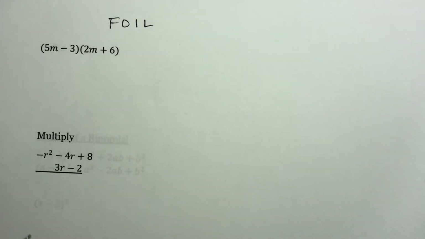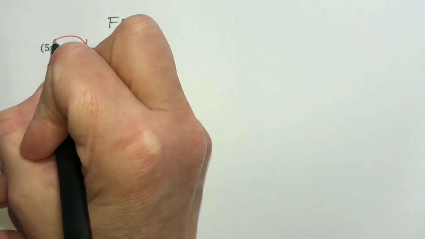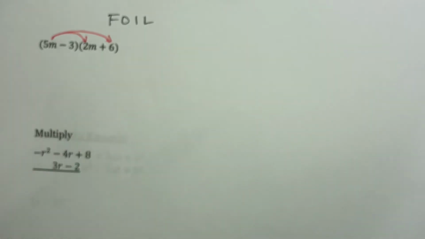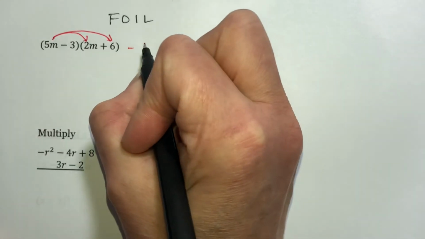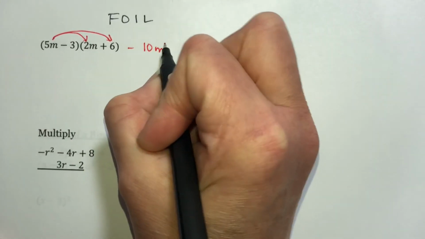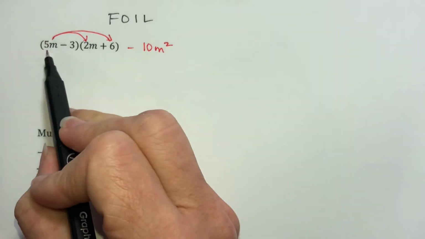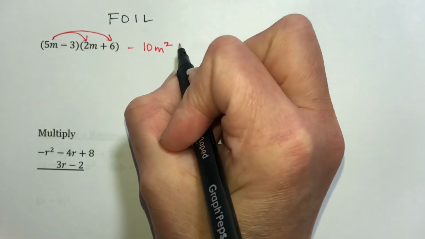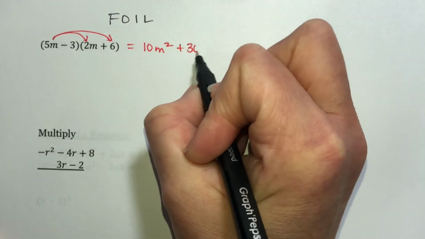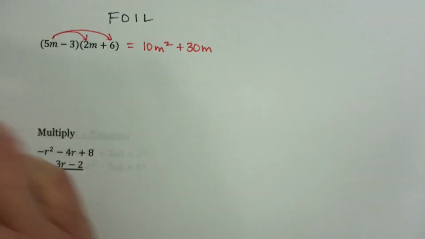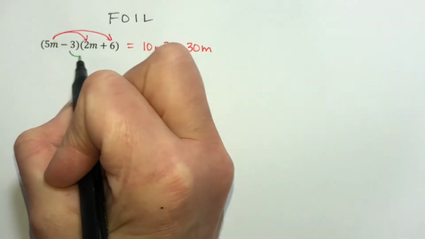You're going to take this 5m and distribute it through here. So I get 5m times 2m is 10m squared. 5m times 6 is going to be 30m. Okay. Now distribute this negative 3 through here.